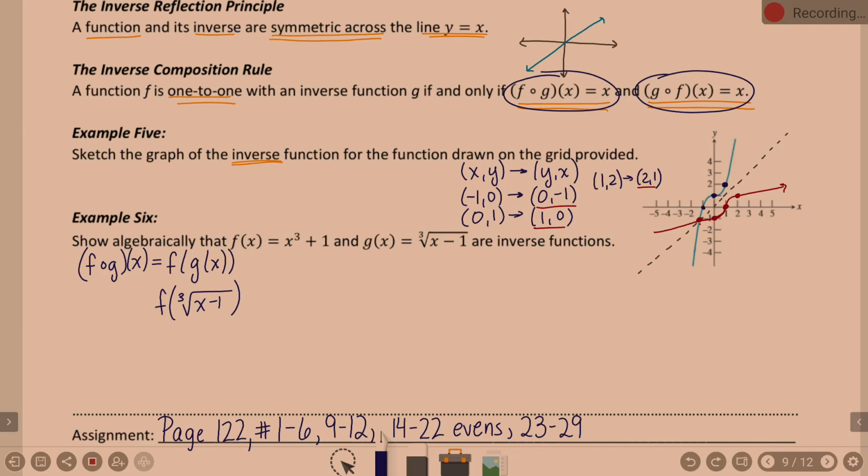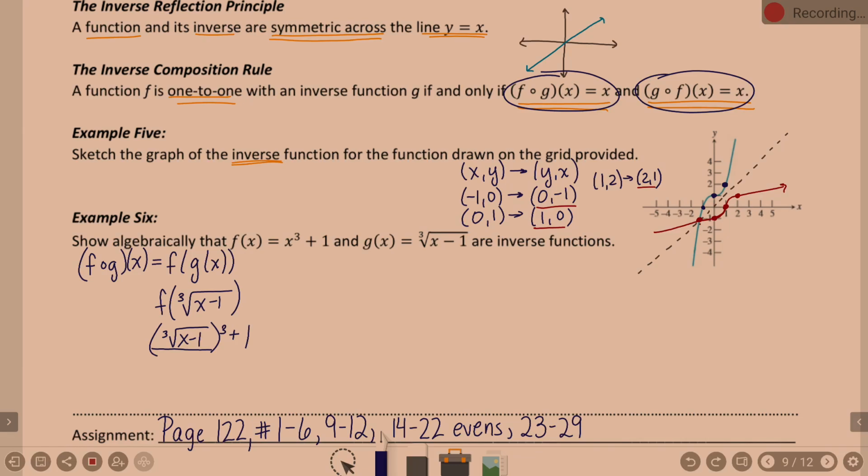So I'm going to take the cube root of x minus 1, and I'm going to put it into f. What is f? Can we agree it's something cubed plus 1? What am I putting in for the something? The cube root of x minus 1.